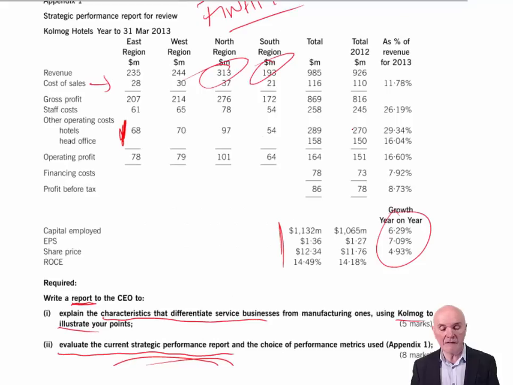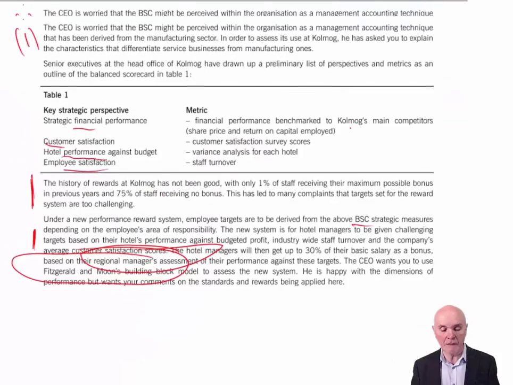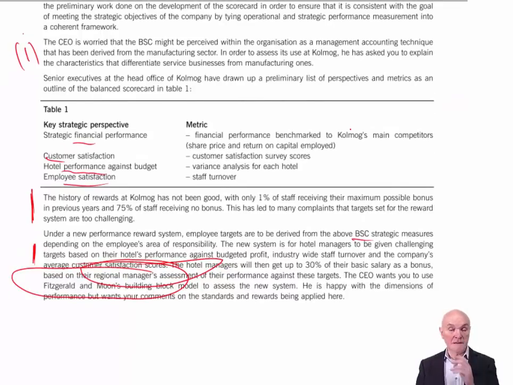So let's see their attempt at the balanced scorecard. And remember what the balanced scorecard was. It is financial perspective, it is customer perspective, it is internal business perspective, which means how well you do what you proclaim you're going to be doing, how well you're carrying on your business, and then there's the innovation and learning perspective.